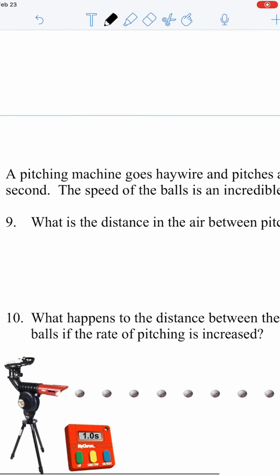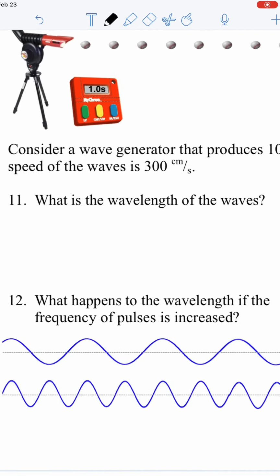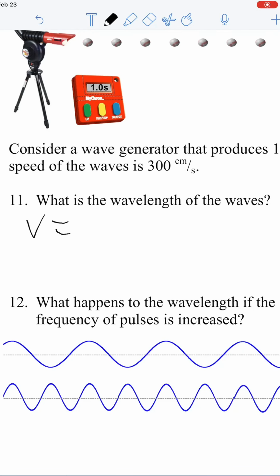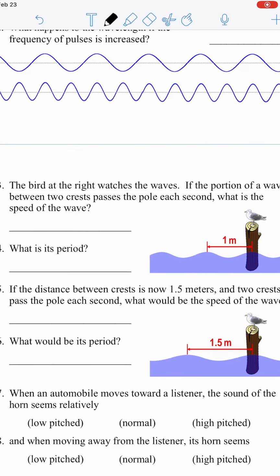You use this in question number 9. You're going to use this in question number 11. Okay, and then you're going to use this down here for questions number 13 and number 15 as well.